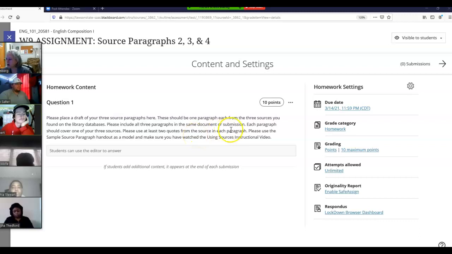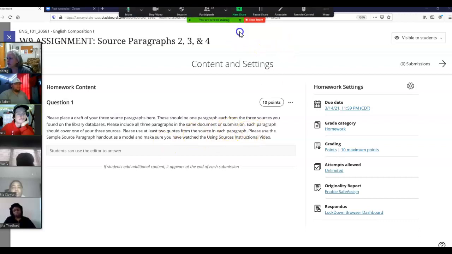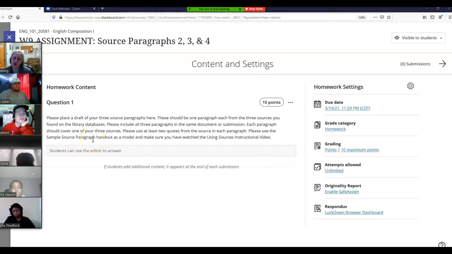All right. The handout that we are working with is the sample source paragraph handout, and we're going to go over that and talk about some of the common mistakes that people are making, and make sure that we are dealing with those. So we're going to take some notes.